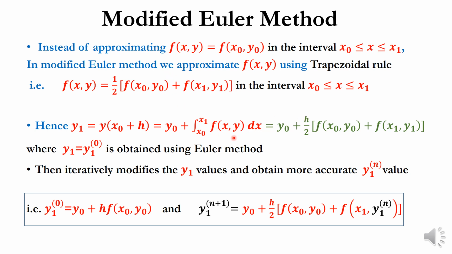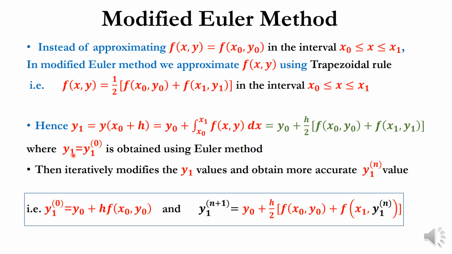Then this f of x y is replaced by this one. So this becomes y1 equal to y0 plus h by 2 into f of x naught y naught plus f of x1 y1. But unfortunately, this is like an iterative, since this y1 is not known initially.